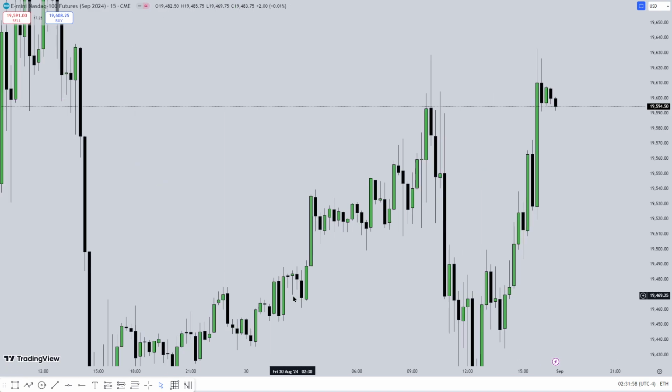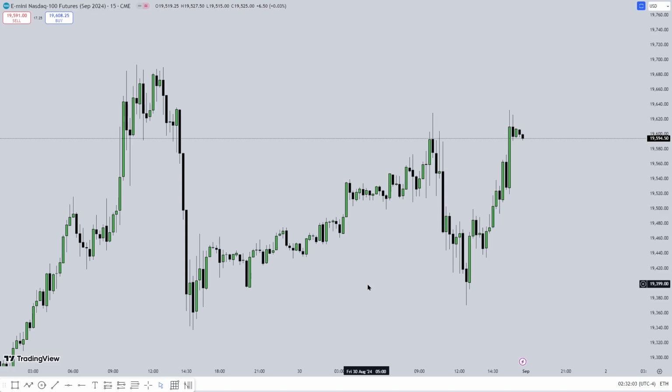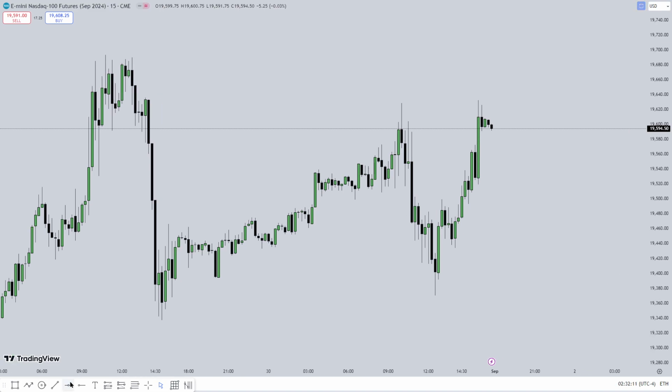If you go on to the 15-minute chart, you will see this trendline phantom is happening on Nasdaq market every day, from Asia to London session. This type of trend line is very common.